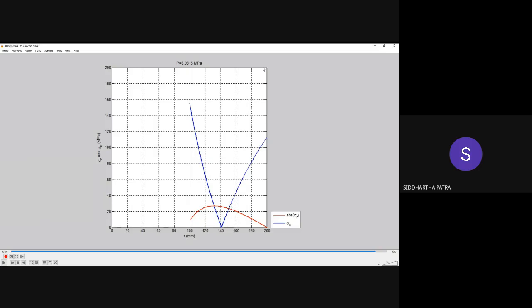But if you were to unload from any other pressure, anywhere between P prime and P double prime, you'd get a different type of residual stress. And of course, if the unloading takes place from a pressure below P prime, there would be no residual stress, because then the entire deformation has happened elastically.